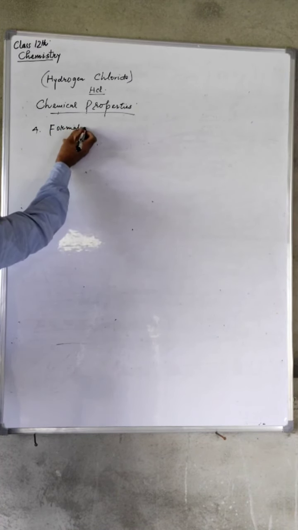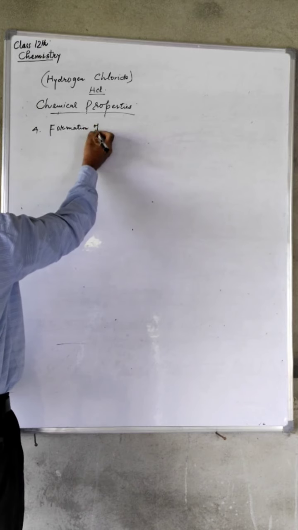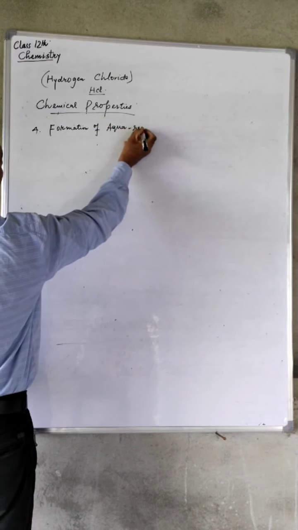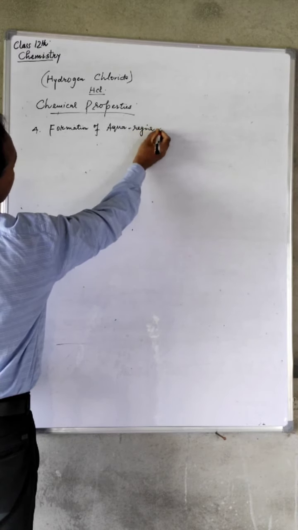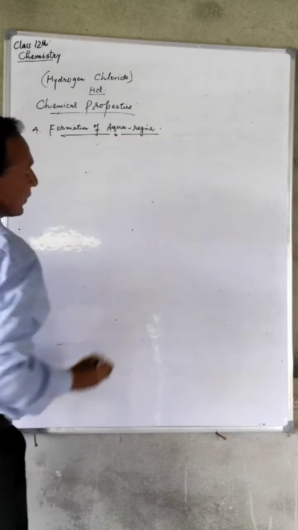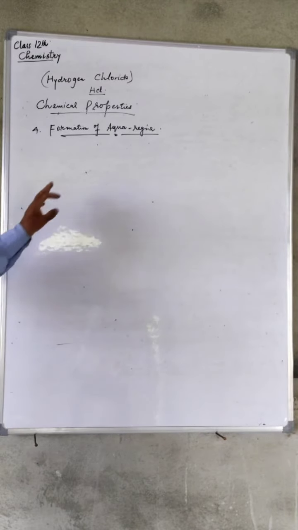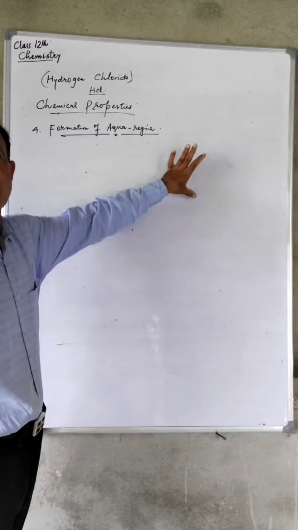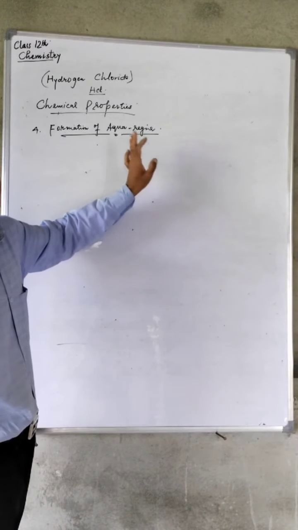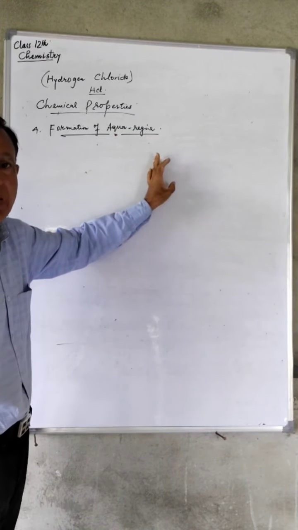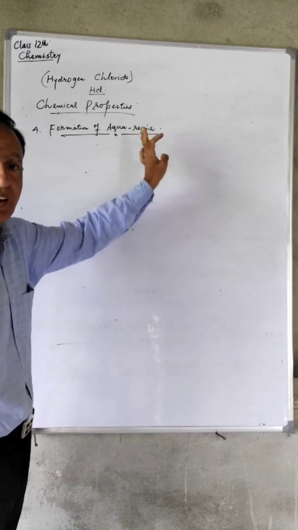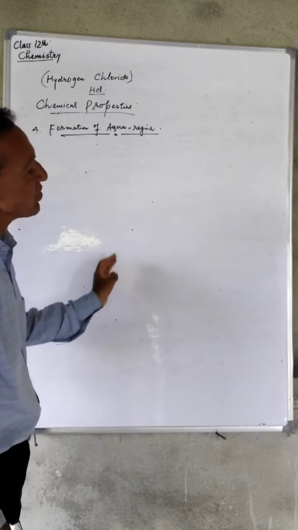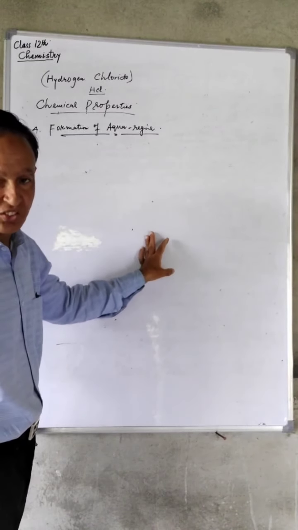Concentrated HCl combines with the concentrated nitric acid in the ratio of 3:1. That means we are taking 3 parts of HCl and 1 part of nitric acid, and they form a mixture that is called aqua regia.